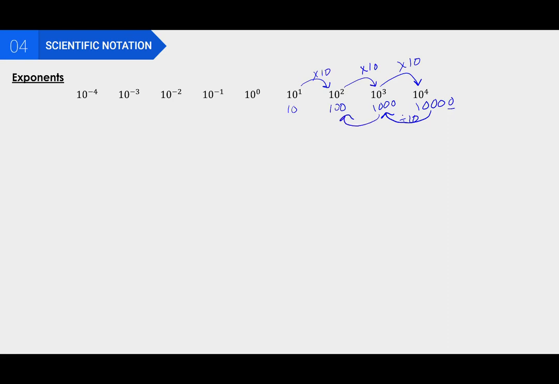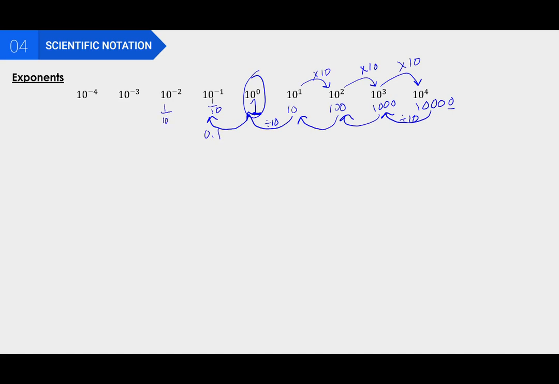Each time I do that, it gets smaller and smaller until I get to 10 to the 0 power, which I would then get by dividing 10 to the first power by 10. 10 divided by 10, of course, is 1. Any number to the 0 power is 1, even 10, any number that'll be true for. But if I keep going, I then have 1 divided by 10, 1/10, or 0.1.